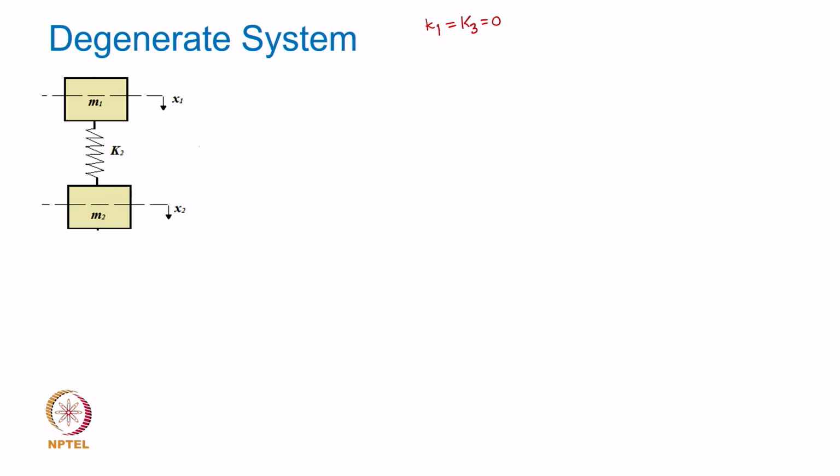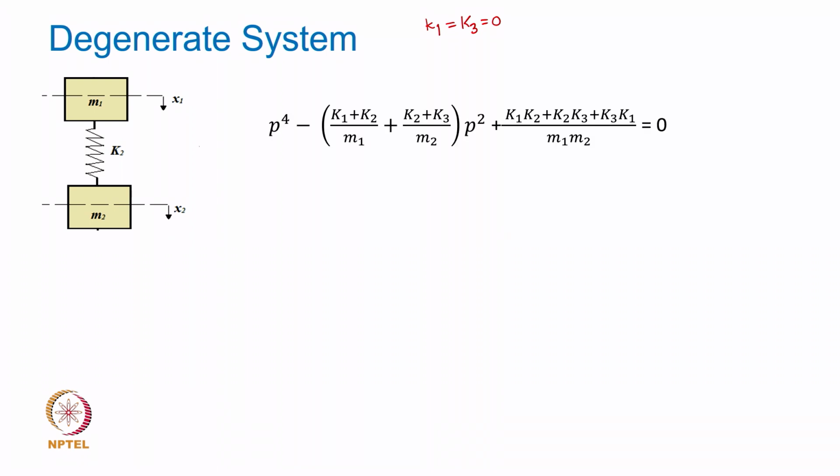And when they are not there, you are left with only two masses connected by a spring. Now, if that happens, you still can have this frequency equation the way we derived, and the amplitude ratio the way we derived, and then you substitute into this equation, okay, let's do that.